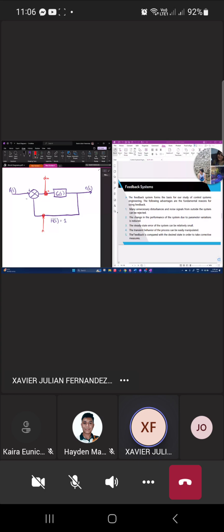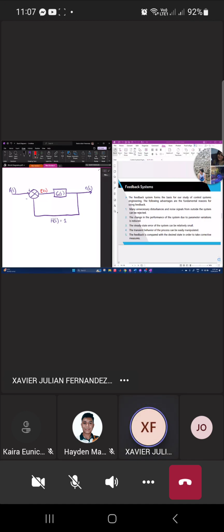And the steady state error of the system can be relatively small because there is a way for you to compare the error. So the error is here. Let's delete the noise and disturbance. The error signal here is E of S.